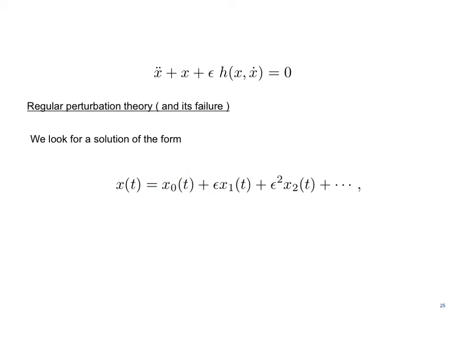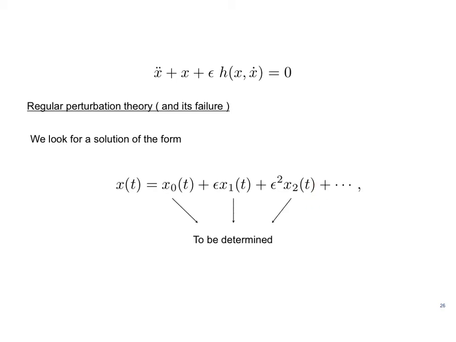Then you will have, if you can call it a correction, one of order epsilon, and then an additional one of order epsilon squared, and eventually you can go like this until infinity. Most of the time, when you just want to know the essential features of the limit cycle, you just care about frequency and amplitude, for example, at a given time. You will consider maybe the zero order is important, the first and maybe the second order. That should be enough, okay?